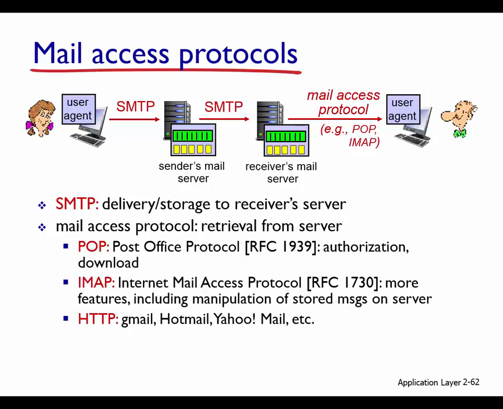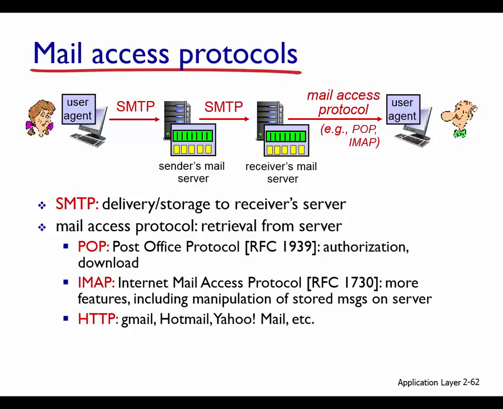If you're using an HTTP-based email service like Gmail or Hotmail or Yahoo Mail, you can use HTTP to pull the data. So basically, POP, which is defined in RFC 1939, is called the Post Office Protocol, and it's for authorization and download.